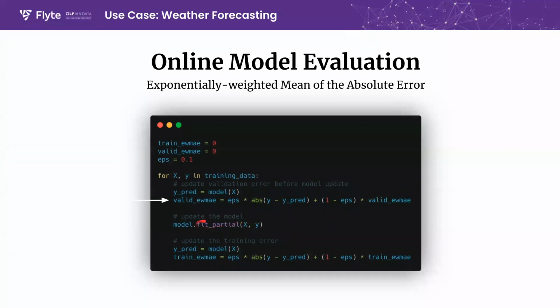Then we update the model here, and right in the same place, we feed the same training instance, but now that it's seen it, it's technically the training error. So in this way, with a single pass through a single training instance, we can compute a running validation and training error.